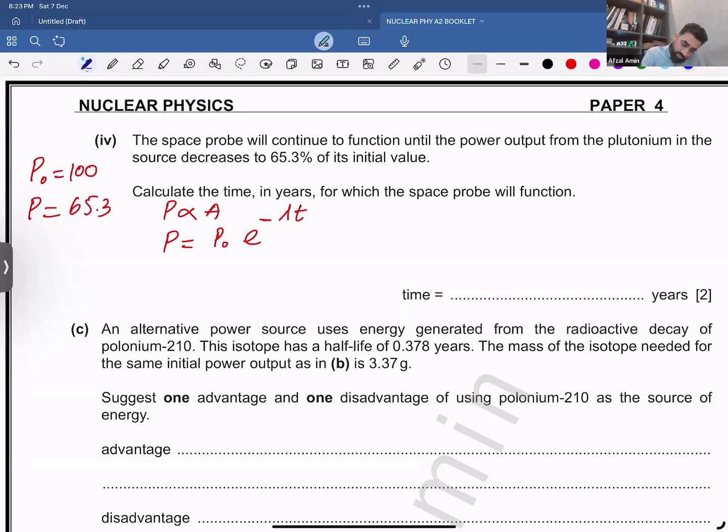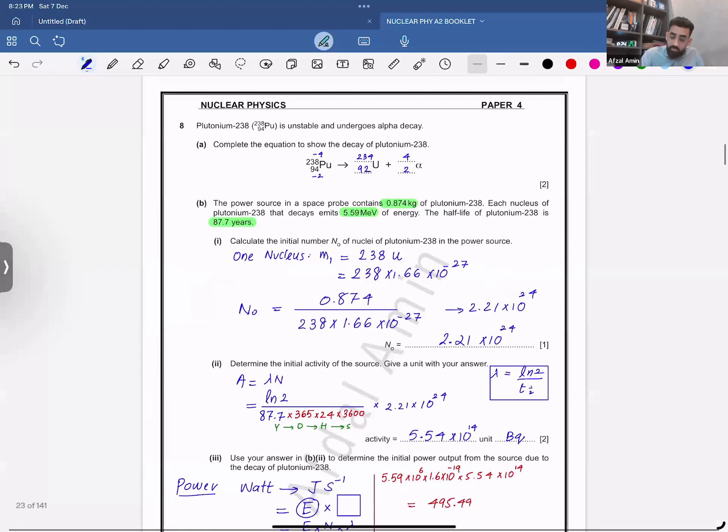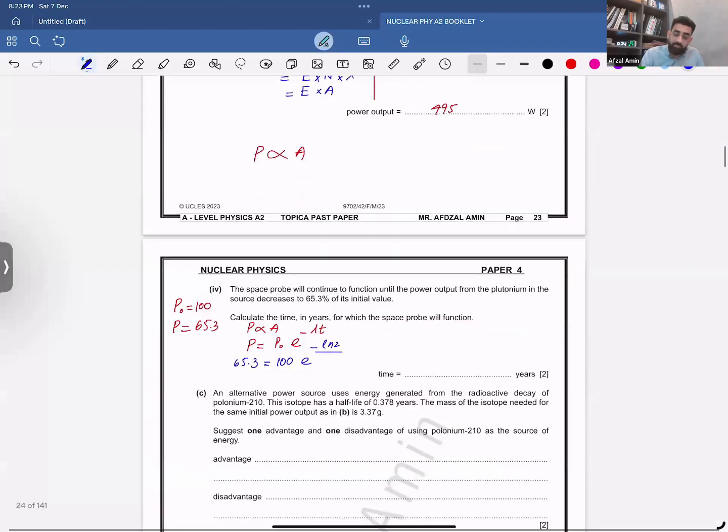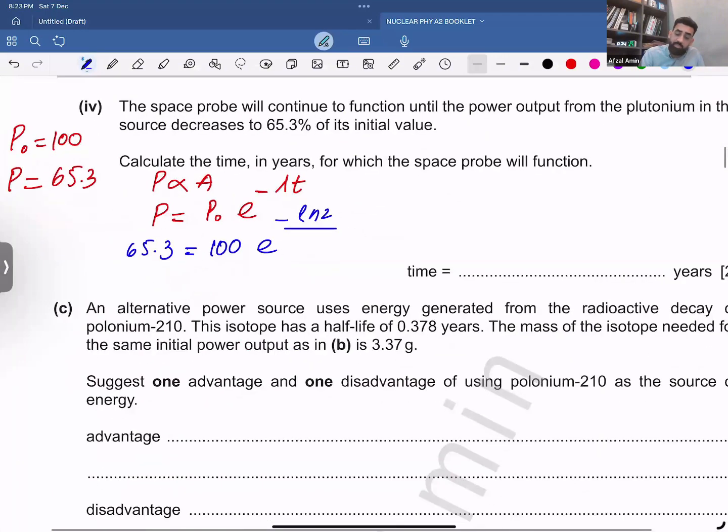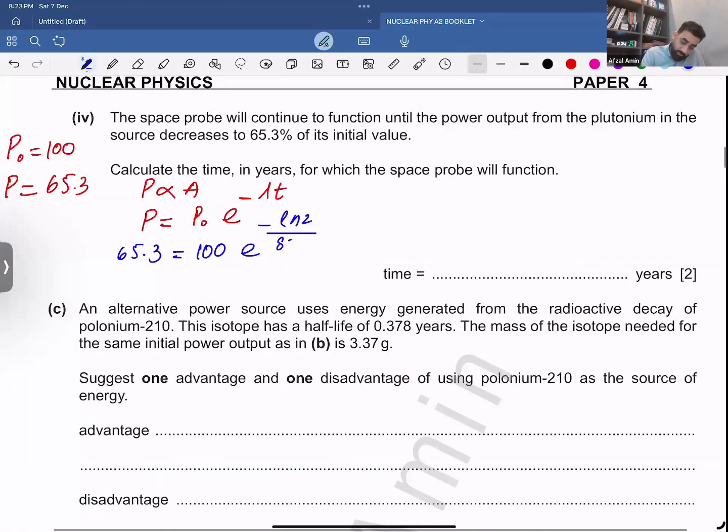So power: 65.3 over 100 equals e to the power negative ln 2 over 87.7, times t. Please keep years because the answer is in years.